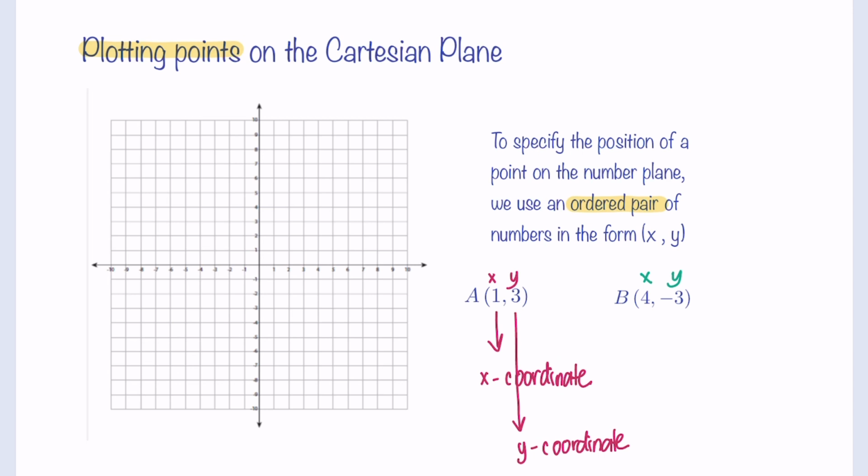Now, when you see a plane, I always start by labeling the axis. So you remember that the horizontal one going from left to right here, this is called the x-axis. And the vertical one going up and down, this is called the y-axis.